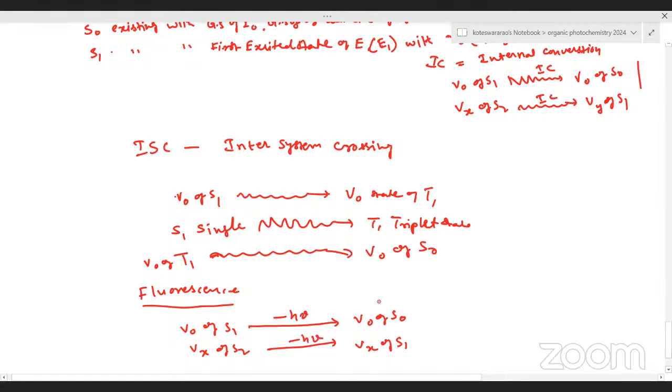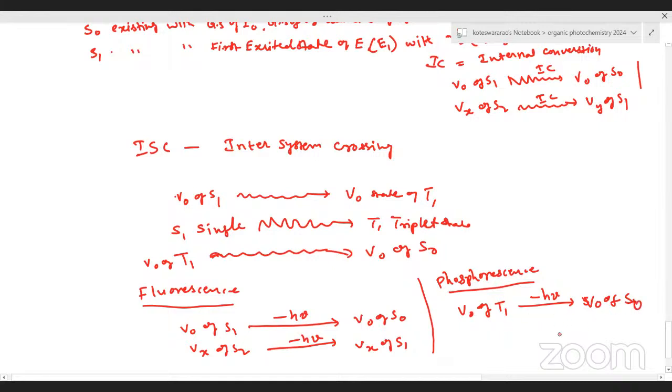That is also fluorescence. Next, what is phosphorescence? Side by side, you can easily understand. Some V0 of the T1 state decays by emitting light to the V0 of the S0 state. This is called phosphorescence.